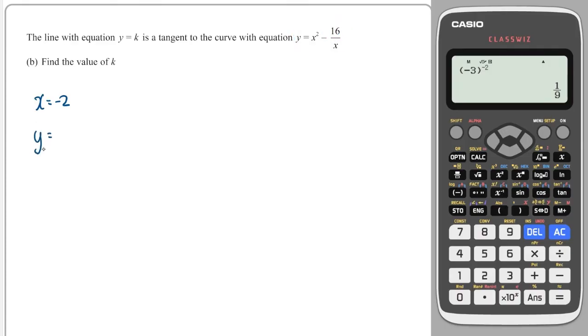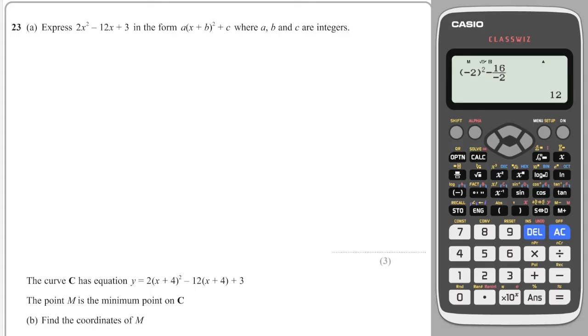I get y is equal to minus 2 squared minus 16 over minus 2. That can just go straight in the calculator. Minus 16 over minus 2, and we get 12. So the y coordinate is 12, so therefore that horizontal line must be y equals 12, so therefore k must equal 12. Bosh.